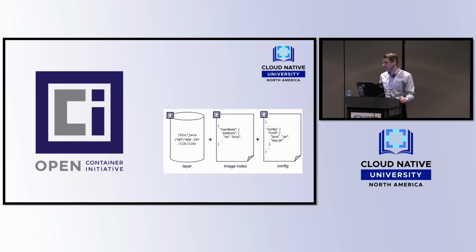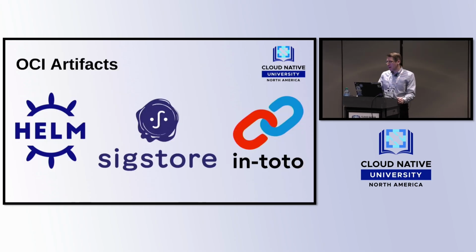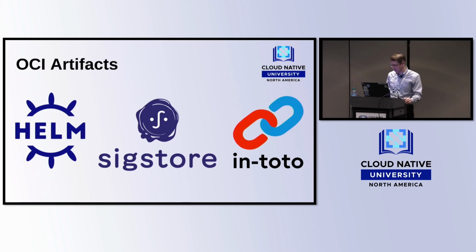Because of that, we can do some really powerful things besides just ship software. Today, you can use OCI images or artifacts, a term we usually use if the container doesn't have any running software, to package and distribute things such as Helm charts, Sigstore signatures, and in-toto attestations.